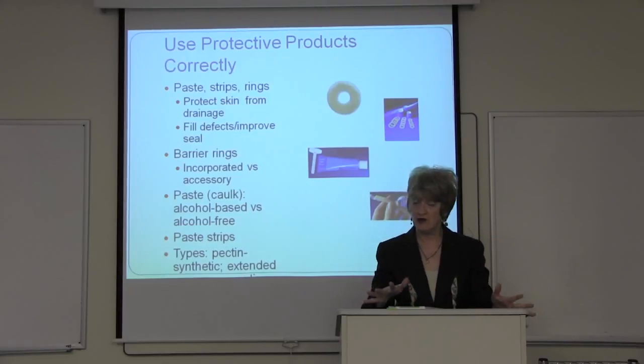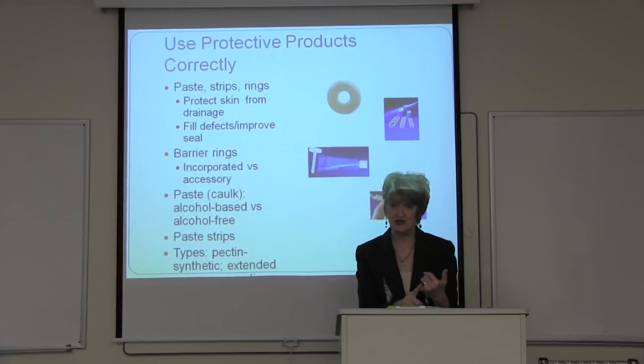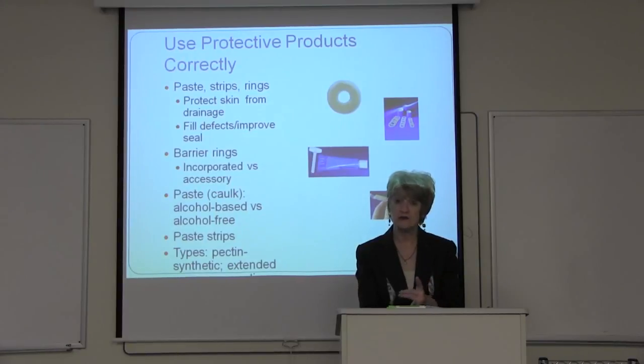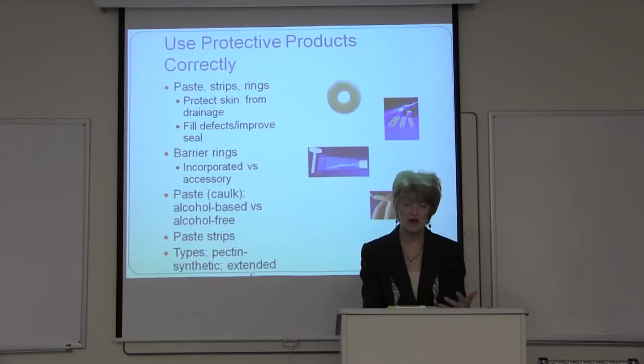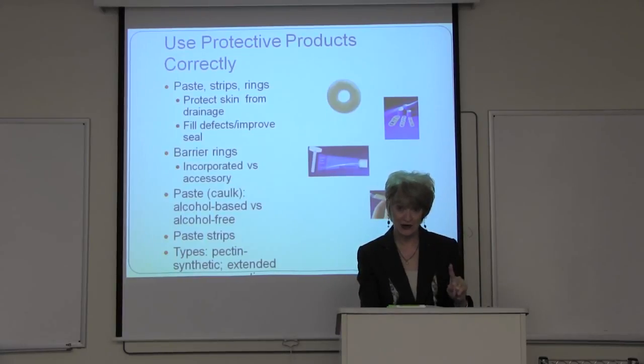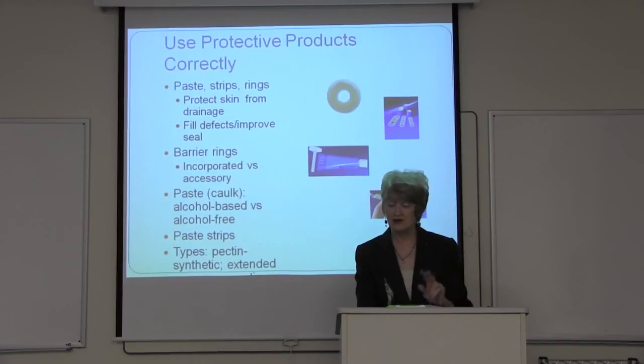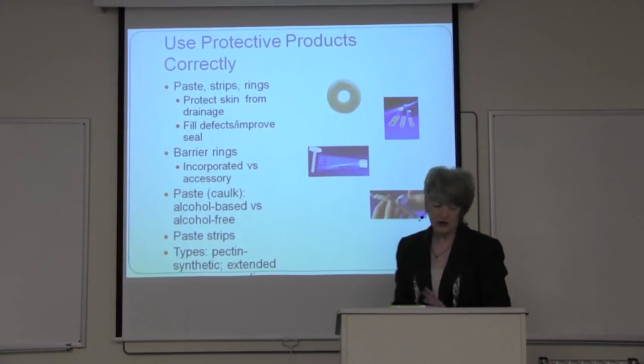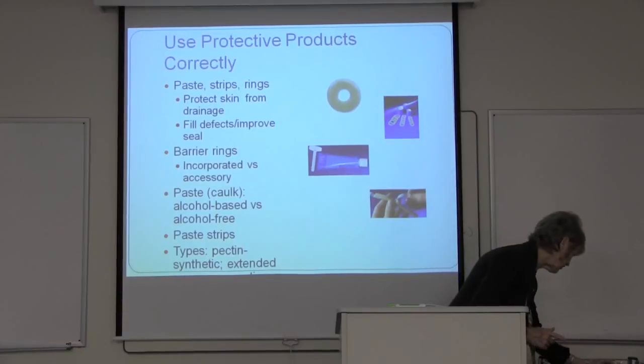So we use barrier products to protect against drainage, and we also use barrier products to help maintain an effective seal. Sometimes we need both. Sometimes we need only one. But our barrier products are always there to do those two things, to protect against drainage and to provide a better seal. So let's talk first about barrier rings.